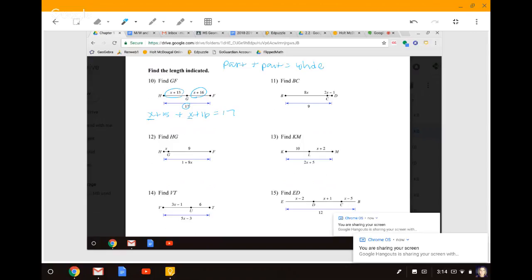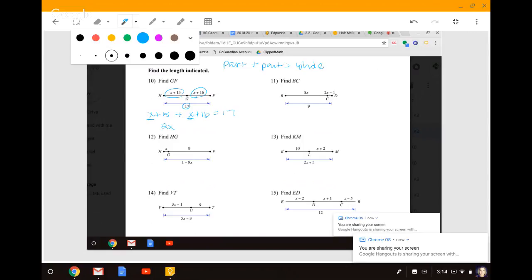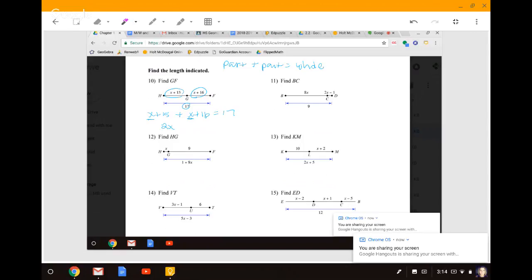So you're going to combine your x's, so that's 2x, right? Mm-hmm. And then you'll combine your numbers, which is 15 and 16, and they're both pluses, okay? So we're just adding. So 15 plus 16 is 31. So plus 31.